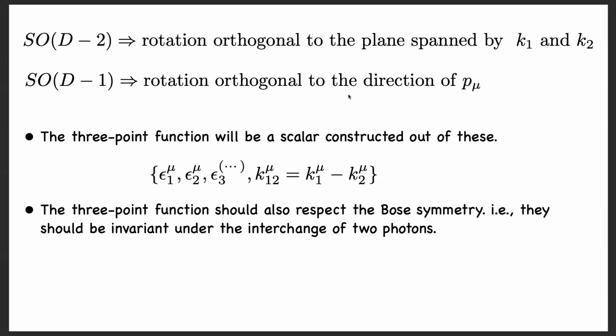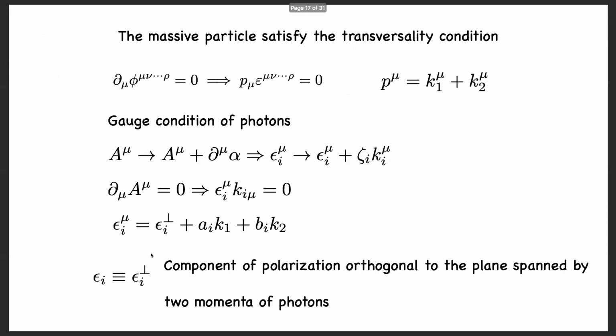Now I have to construct this. The polarizations we have are orthogonal to K1 and K2. If we contract these with any of the momenta, either K1, K2 or P, they will give me 0.